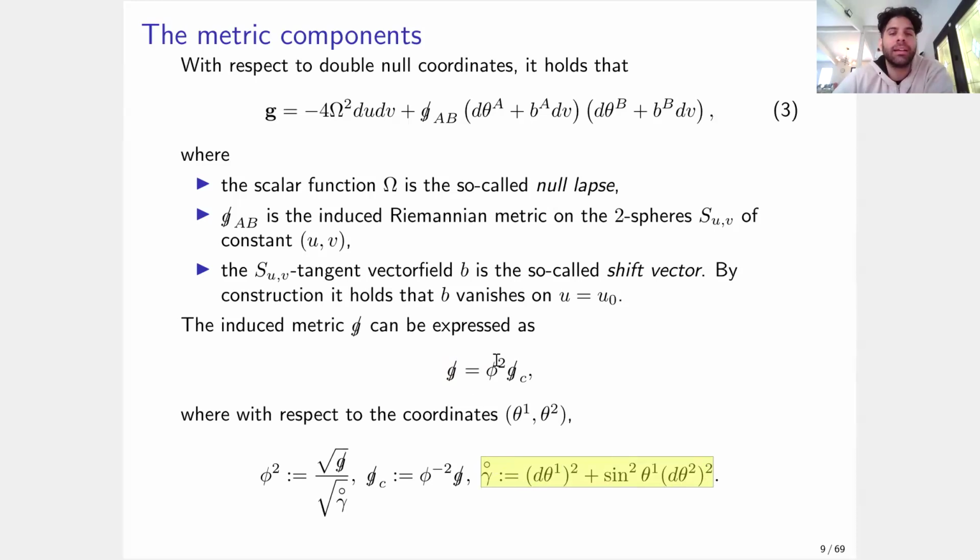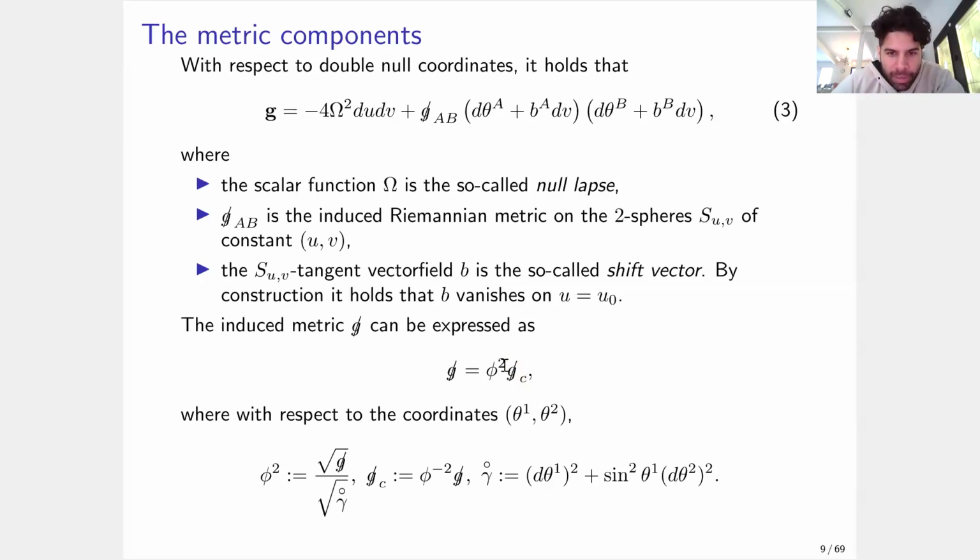And we have one more metric, which is basically the guy sitting between this guy and this guy. Okay, so this is the unique metric which is conformal to the original one and has the property that its volume form is the same as the volume form of this one. Okay, this is the representative of the conformal class of g slash. This metric also plays a fundamental role in the theory, in the characteristic theory.